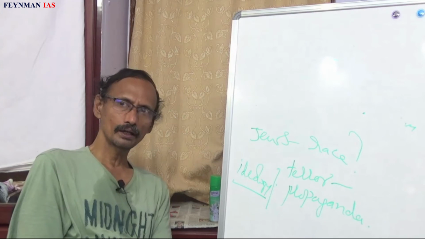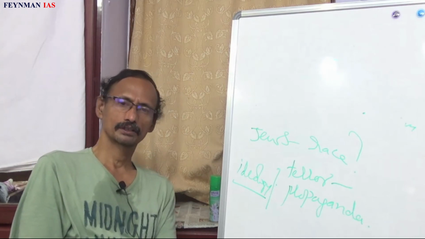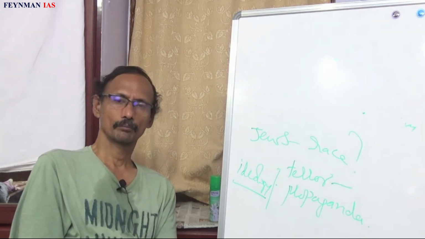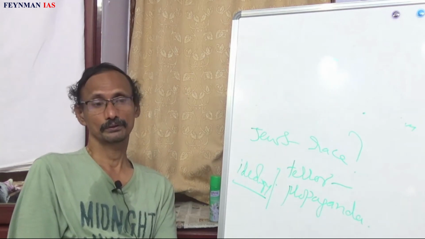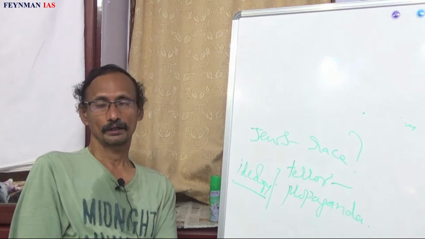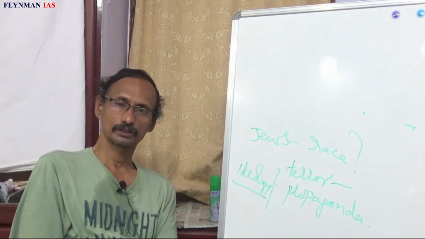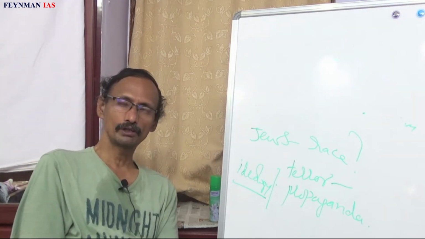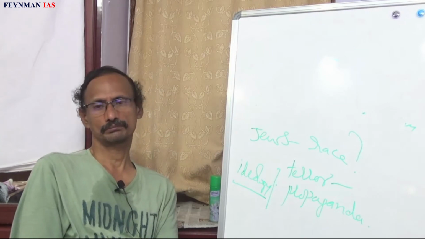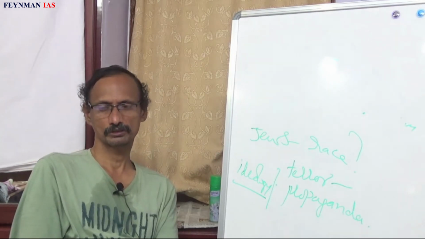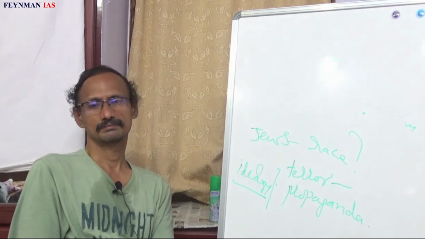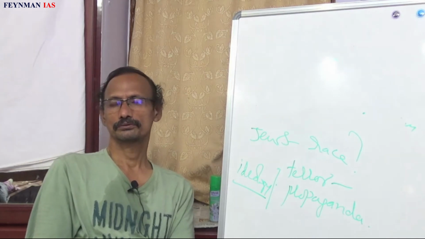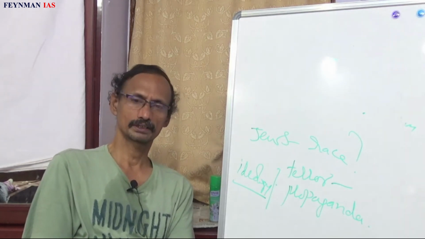So to Hannah, ideology, terror, propaganda, loss of personhood, and because of which evolution of the political system to perpetuate enormous violence. So this is how Hannah looked at totalitarianism.